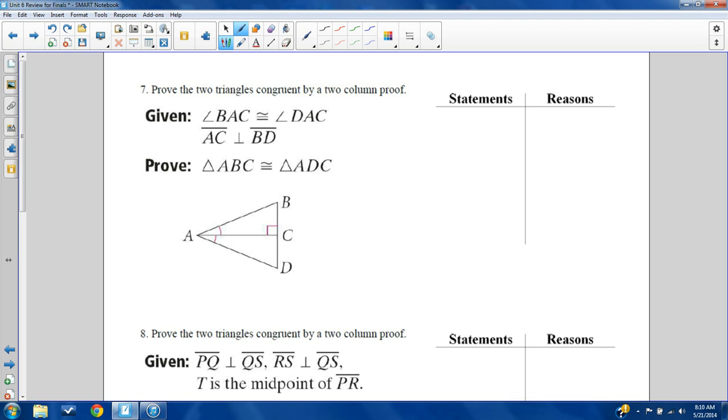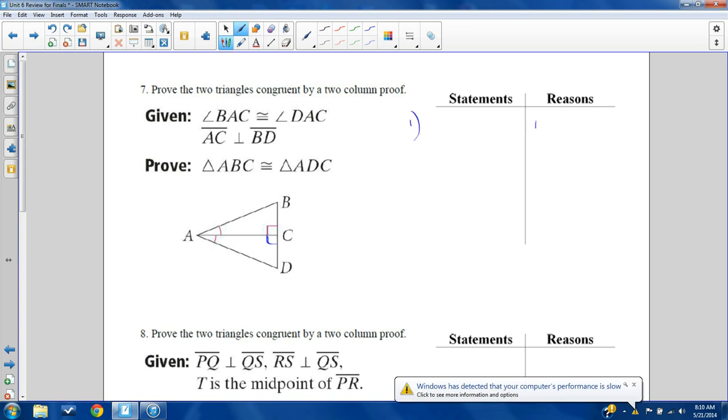Now that means a lot of things. It doesn't just mean there's a right angle there, but in a straight line with supplementary angles, if one is 90 degrees, the other is 90 degrees. Now this is one of those examples where this is not given, and I actually had to draw that. But this does show that right there. So maybe that's enough information to say those two are congruent. But if they didn't have a drawing, it might be really tough to look at and work at. Prove triangle ABC is congruent to triangle ADC.